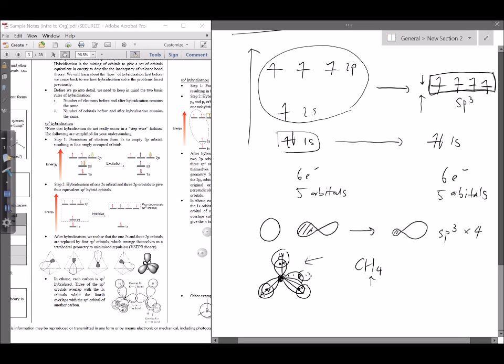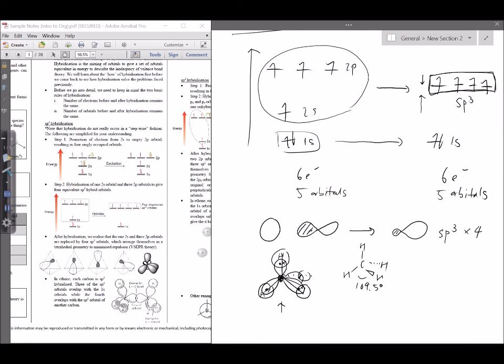Now, is there a bond angle problem? You should know from your chemical bonding that for CH4, the bond angle is 109.5. Remember what I said just now? These 4 hybrid orbitals will arrange themselves in a tetrahedral geometry to minimize repulsion. This is exactly your VSEPR theory.